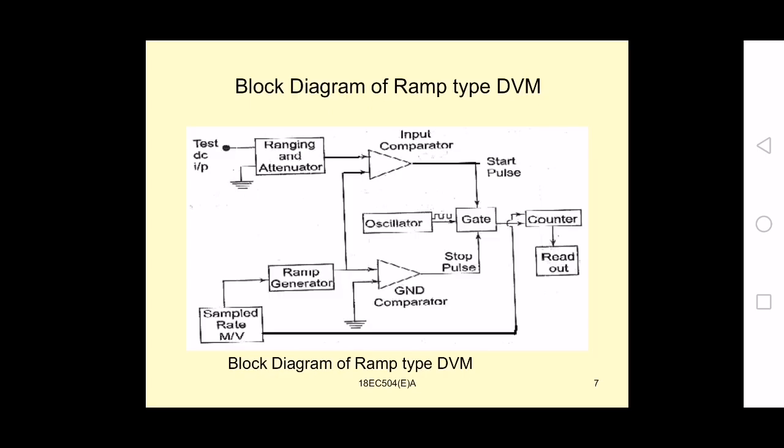This is the block diagram of the ramp type digital voltmeter. Here you apply the test DC input to the ranging and attenuator, which attenuates the signals and selects the different ranges of your input.